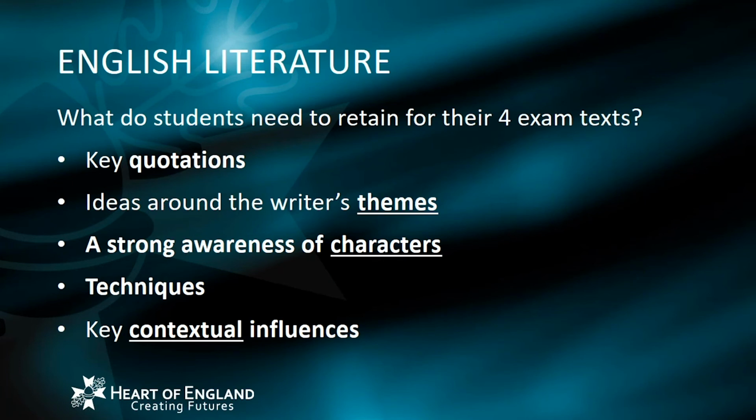What do they need to retain then for their exam texts? So this is where we think about what needs to be memorized, with particular emphasis on the literature papers. Key quotations for the literature papers need to be revised and remembered.